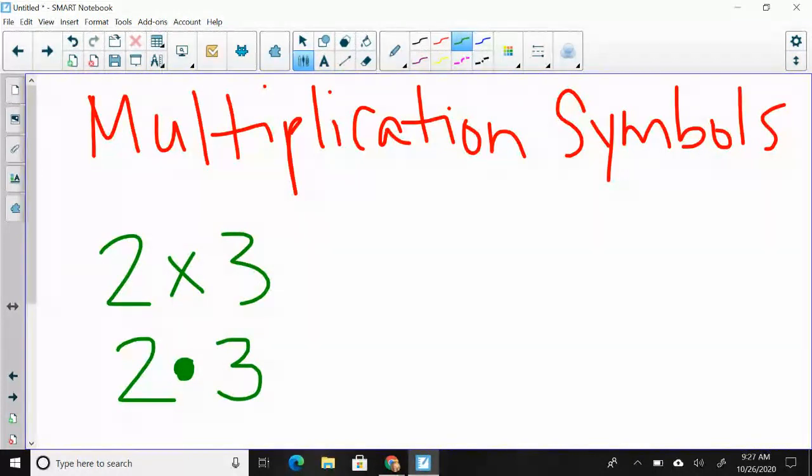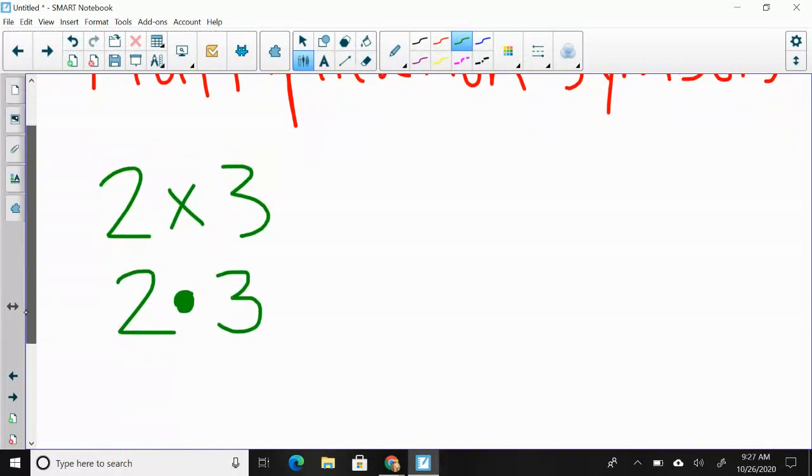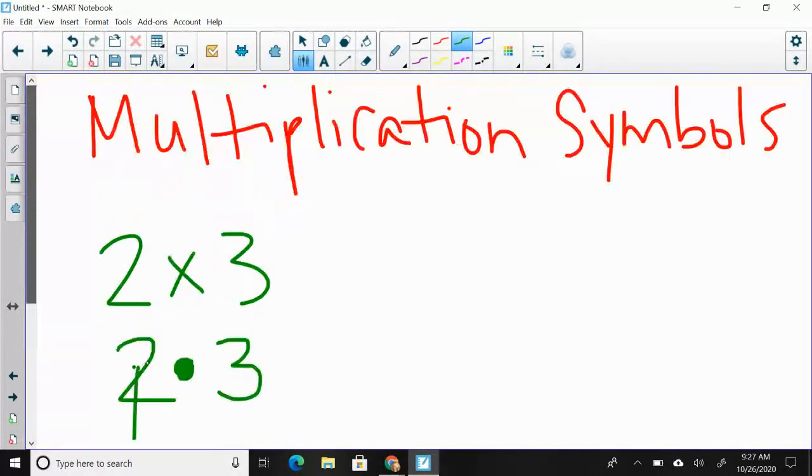Okay, that is not a decimal point. That is a multiplication symbol. So sometimes you'll see a dark dot between two numbers. That means multiplication.